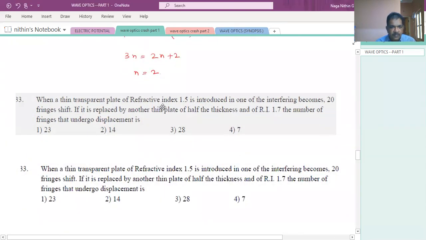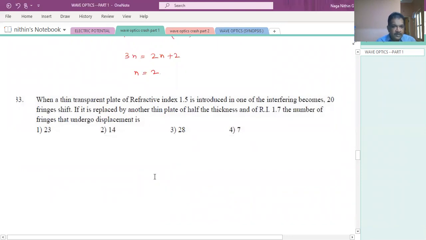When a thin transparent plate of refractive index 1.5 is introduced in one of the interfering paths, there is a 20 fringe shift. It is replaced by another thin plate of half the thickness and a refractive index of 1.7. The number of fringes that undergo displacement will be? Shift formula: x is equal to mu minus 1 into small t by lambda.